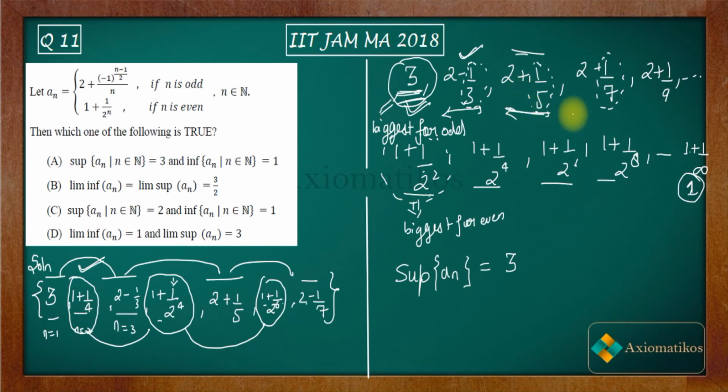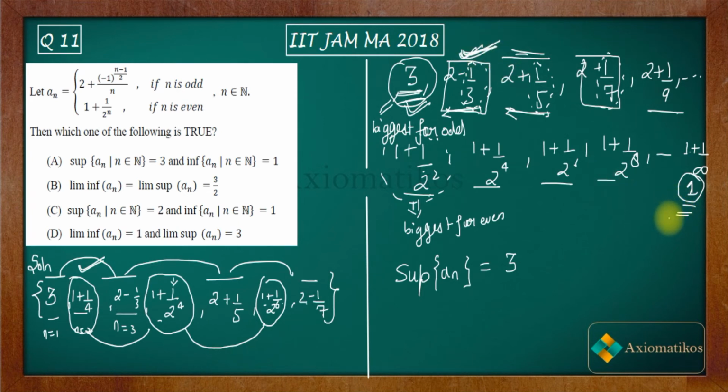Because here you are adding, so it will not be the least one, because every time you will be adding. So when you are subtracting, that will be the smaller one. But here in this case you are subtracting 1 by 3, and after this you will subtract a number which is less than 1 by 3. So that means for the odd one this is the smallest number. And for the even one this is the infimum.